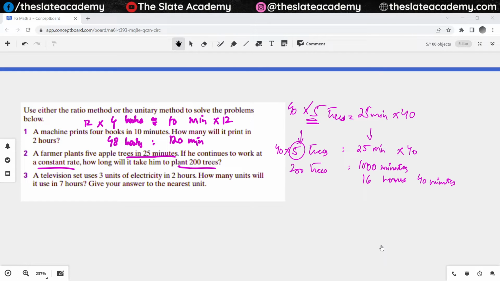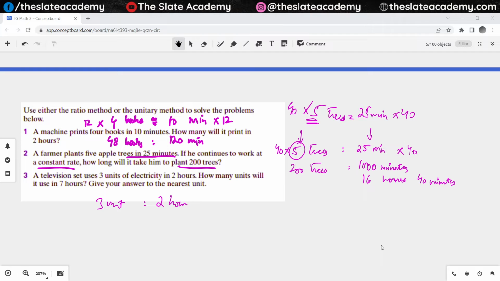Okay. Miss Aisha, your answer for question number 3? 10.5. Let's see. 3 units ratio 2 hours.